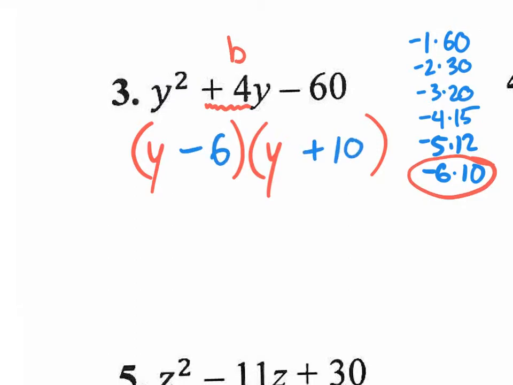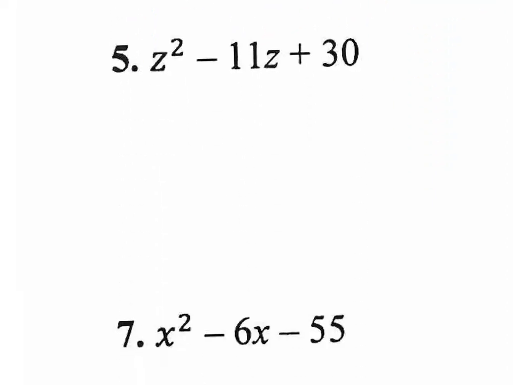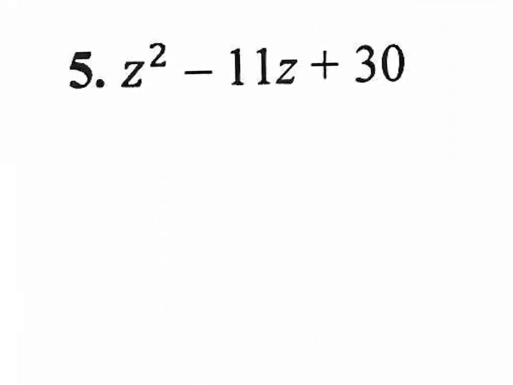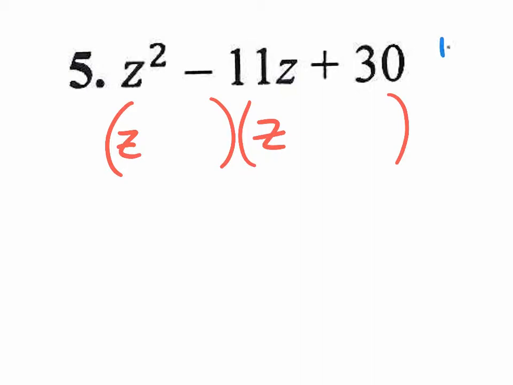Let's move on to number 5. Let's set up the answer format. z. What times what is 30 that if I add together is negative 11? Let's make a list. How can I get 30? 1 times 30. 2 times what? 15. 3 times 10. 4 doesn't work. 5 times 6.